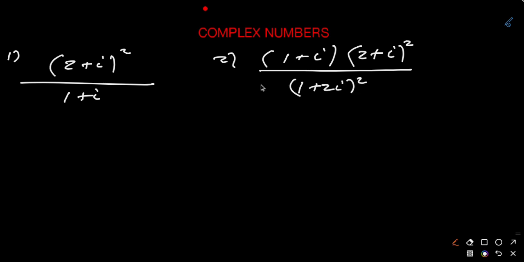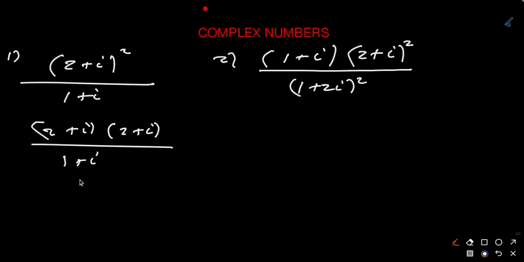How can you go about this one here? So let's start with this one here. If I expand this one, I'm going to get 2 plus i and 2 plus i. Mind you, this one here is not the difference of 2 squares, so you need to write it in this form here. And then you divide by 1 plus i. From there, you multiply.